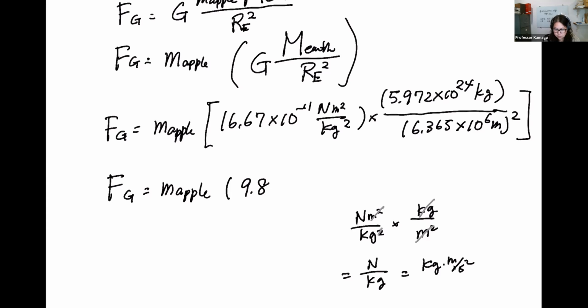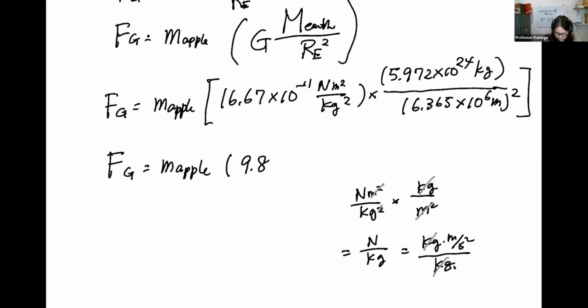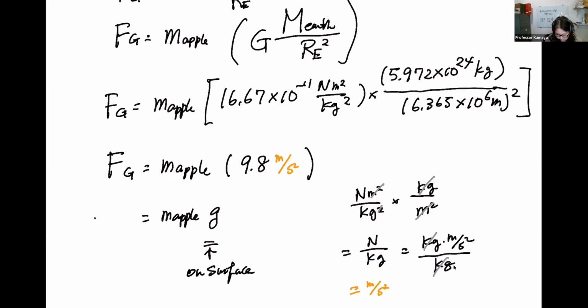So what do you see? This is meter per second squared, the acceleration. What's that equal to? The little g that we use on the surface of the Earth.